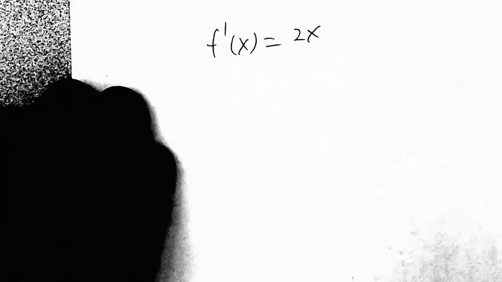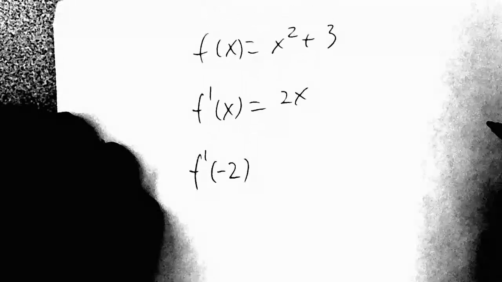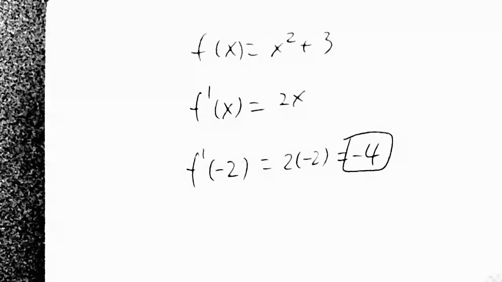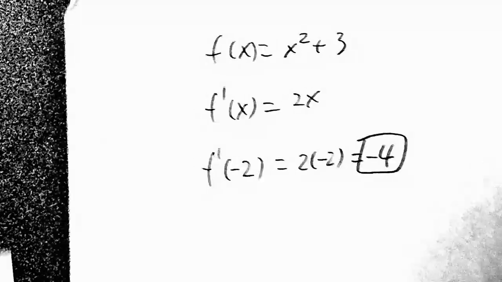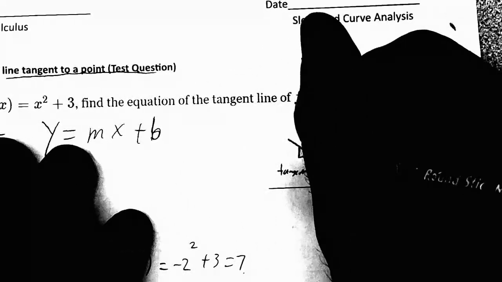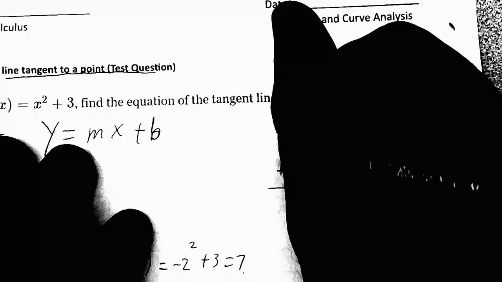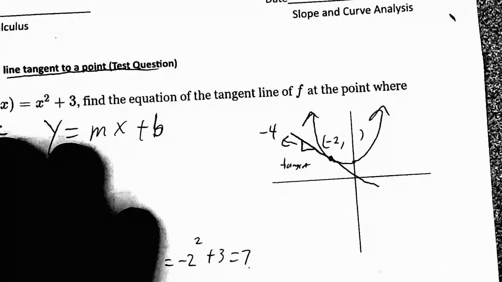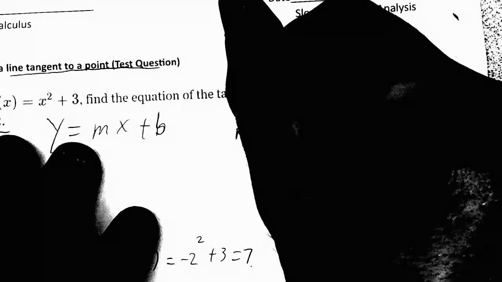So I'm plugging -2 into this to get -4. That means the slope of this line, the rise over run, is -4. So m equals -4.